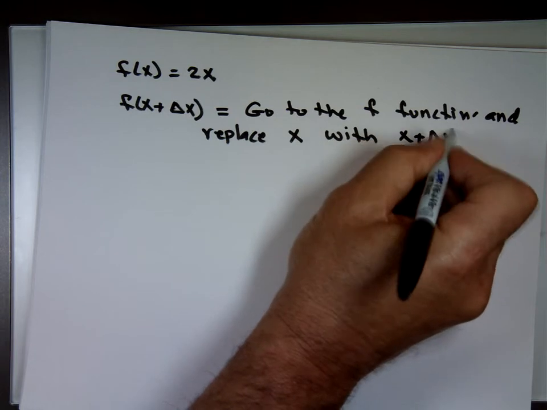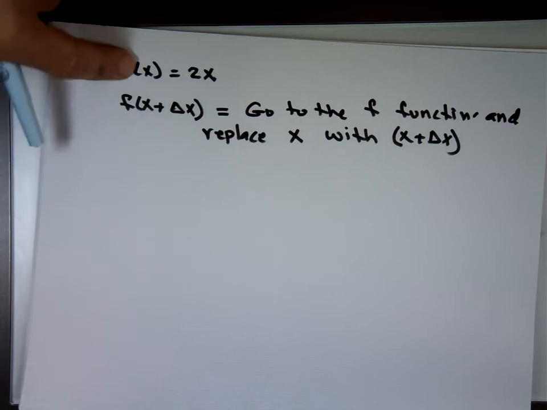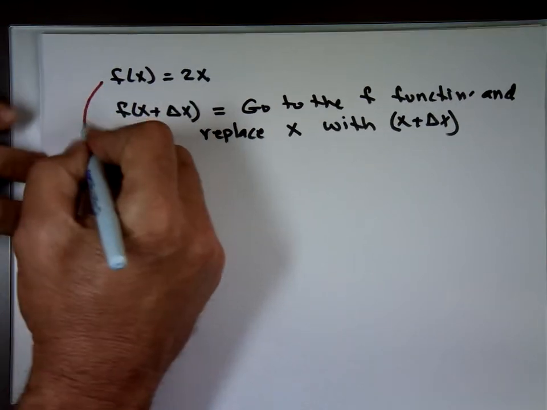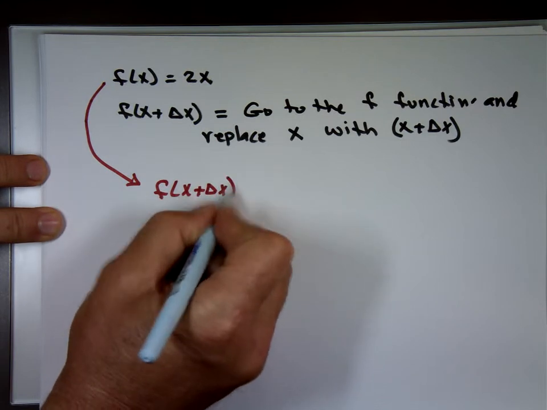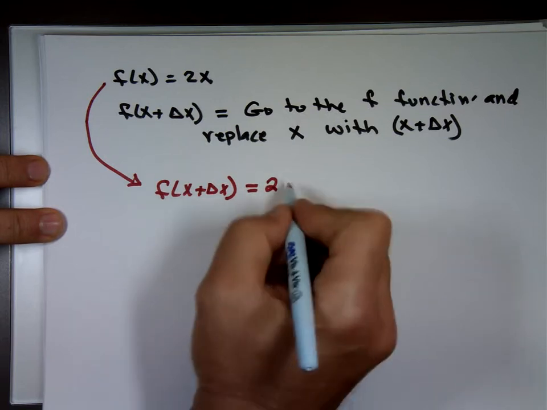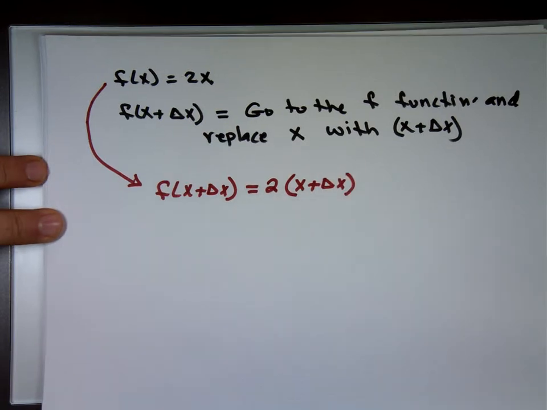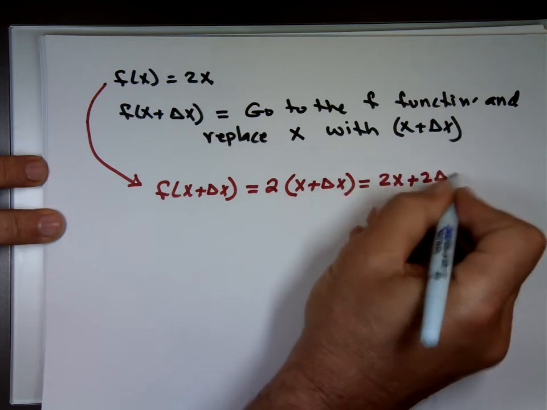That's what that means. Go to the f function, that's this function, and replace x with x plus delta x. Here we go. There's my f function. Replace x, not the number. The number you don't touch. Replace x with x plus delta x. So what are you going to have? 2x plus 2 delta x.